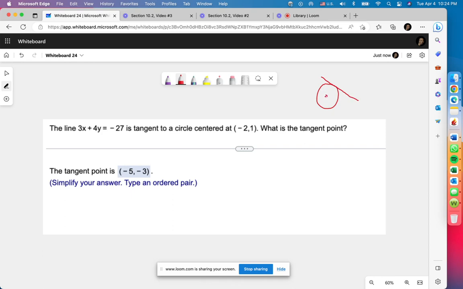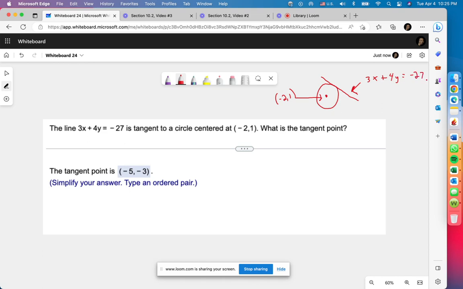And there's my center. My center is the ordered pair negative 2, 1. Okay? This line, I'm on a Cartesian coordinate system graph, has the equation 3x plus 4y equals negative 27.